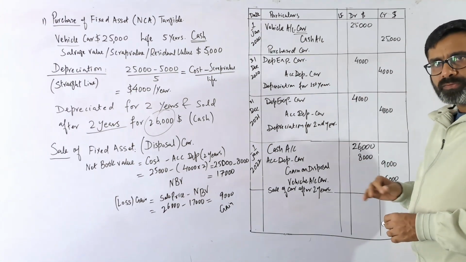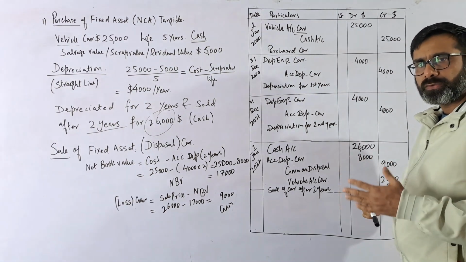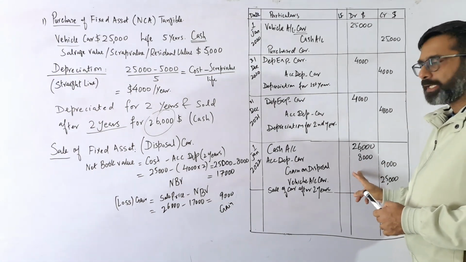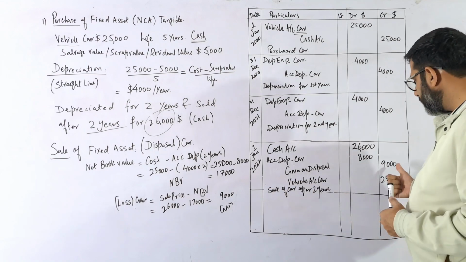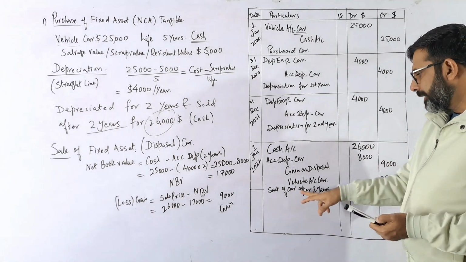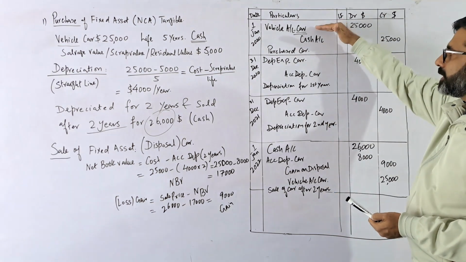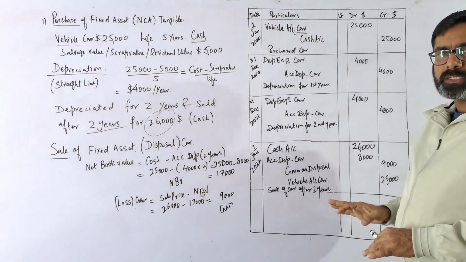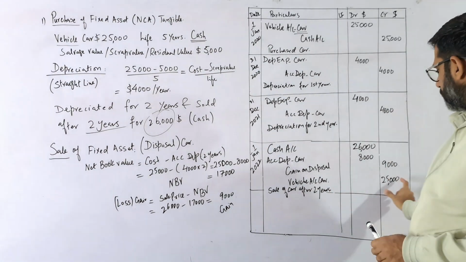So to write it off, to clear the account, make it zero balance, it is debited by 8,000. Now the gain calculated 9,000 is credited because it's the benefit. And then the vehicle account, it was debited here, now it will be credited to make the balance nil or zero.